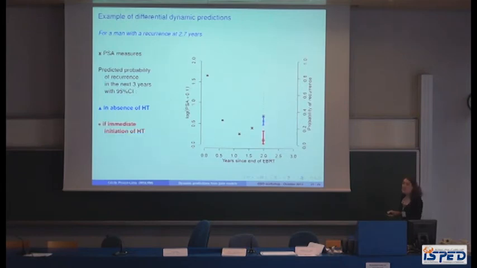But we can also evaluate his predicted probability of having the event in the next 3 years if he initiated immediately a hormonal therapy. And we can do that again at the next point at 2 and 6 years. And we can appreciate the difference between that and see if we should initiate a hormonal therapy based on that.